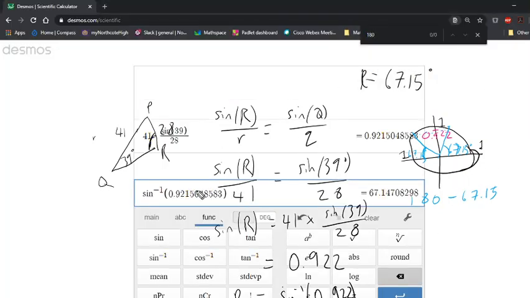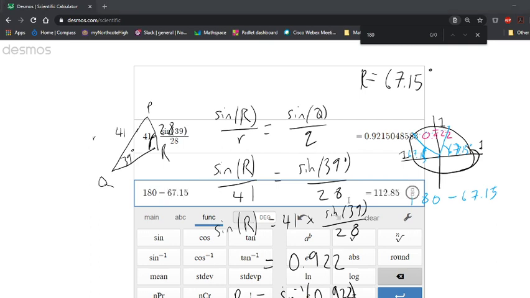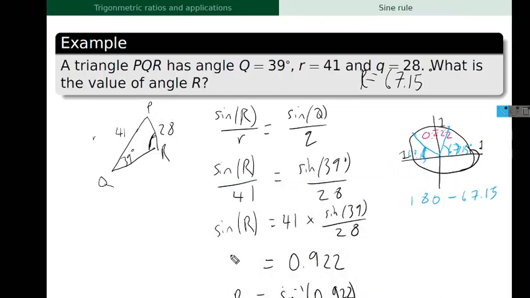What's that going to be? So we've got 180 take away 67.15, and we get 112.85 degrees. That looks a bit more like what this is in terms of my drawing.